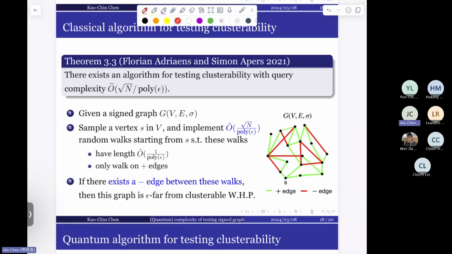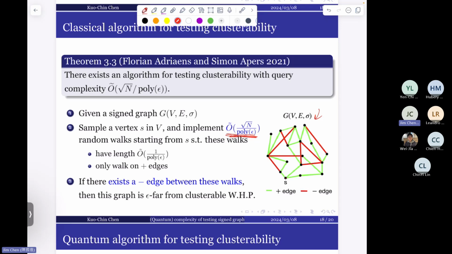The main idea of the algorithm is that we are given a signed graph, and first we sample a vertex in the graph, and we implement multiple random walks, and the number of random walks is proportional to square root of N, such that the random walks can only pass through positive edges.